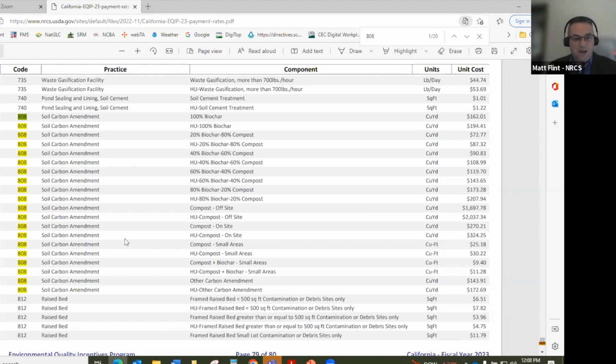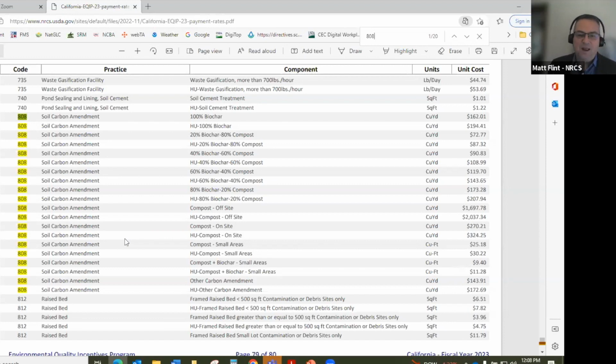There is a HU rate. And the point of including them both is to illustrate the payment rate is higher for the historically underserved customer. And that's why you'll see that pattern. So these are per cubic yard payment rates.